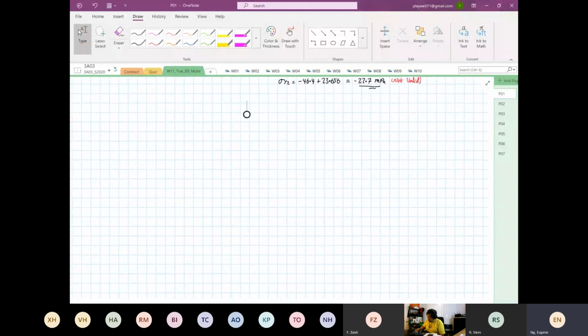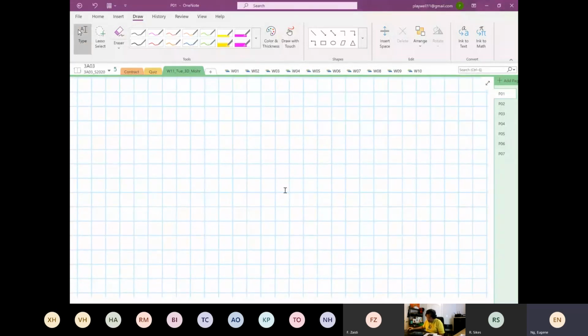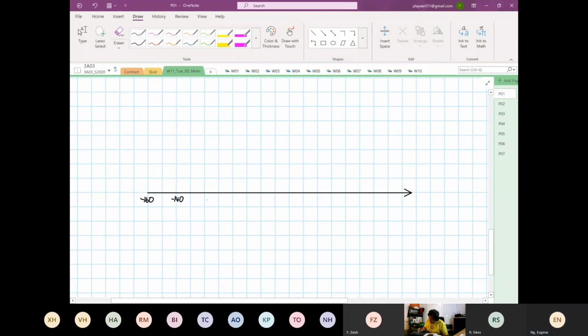Again, we're going to construct the Mohr circle again. I'm going to use the same scale like before. Bear with me. So now this is minus 160, minus 80, minus 60, 20, 40, 60, 80, 100, 120.